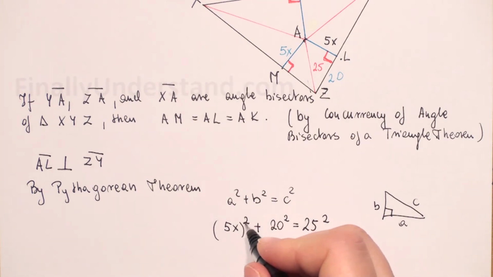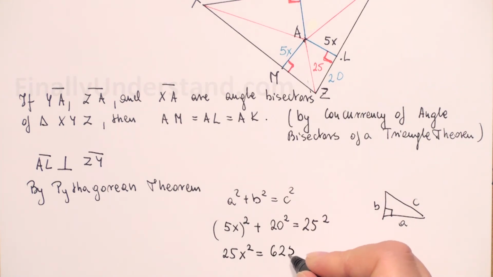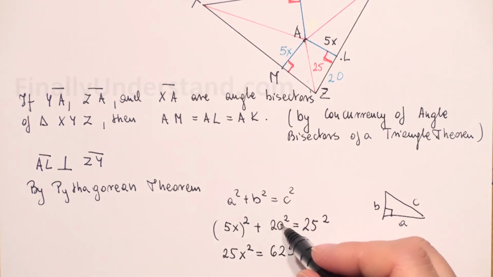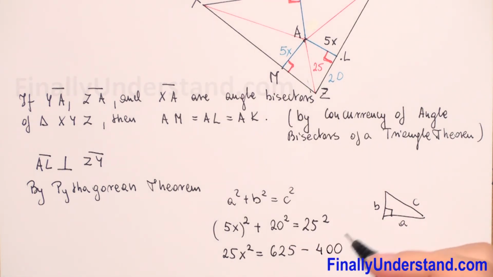So now I will leave on the left side the expression with unknown x. So we have 5x to the second power, that is 25x squared, is equal to 25 to the second power, which is 625, minus 20 to the second power. I will move 20 to the second power to the right side, and 20 to the second power is 400.